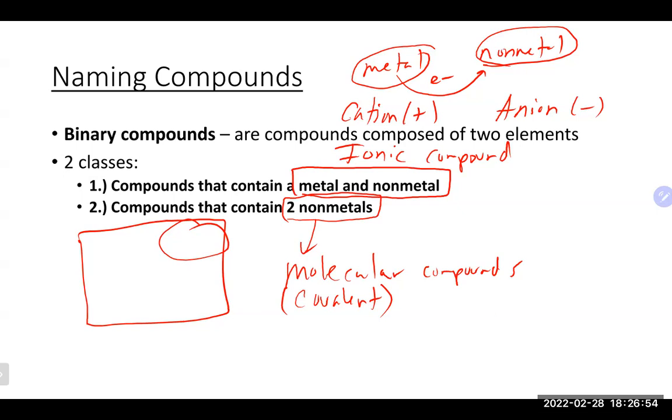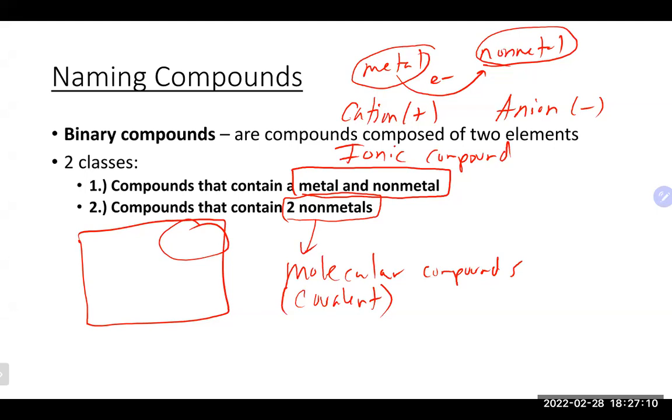So the best that we could do is actually sharing of electrons. Neither one of them wants to give away their electrons like a metal. So because they're both nonmetals, they agree upon, we'll share the electrons. How about that?